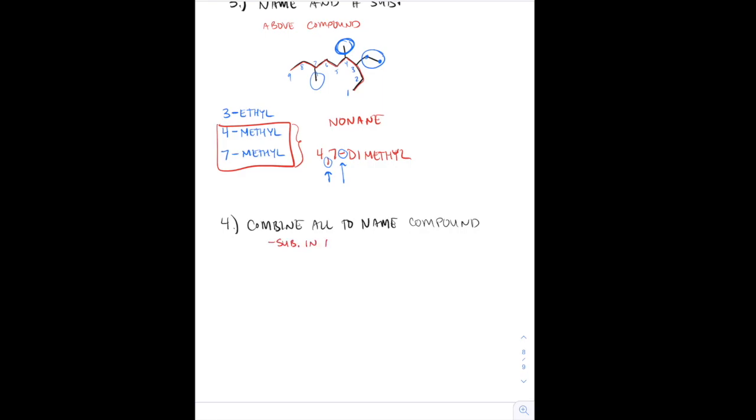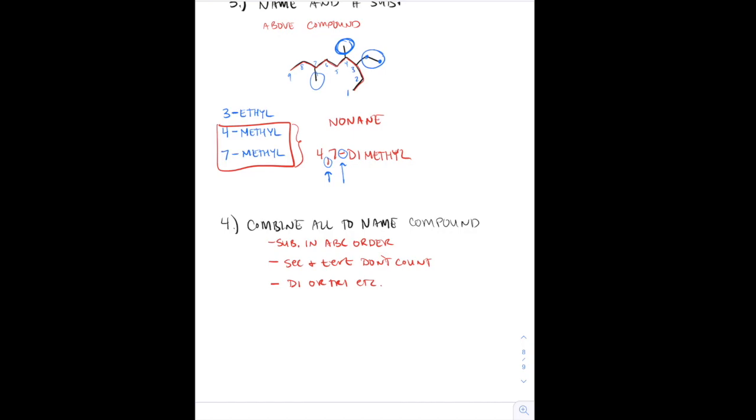And so what we want to make sure that we're doing is putting the substituents in alphabetical order, ABC order. Remember that sec and tert don't count for alphabetical order. We also don't count the di or tri, etc. I'm putting etc. because if we have 4, it's tetra, and so we could have more than just 3 of the same substituent, and we'll put a prefix in front of that.